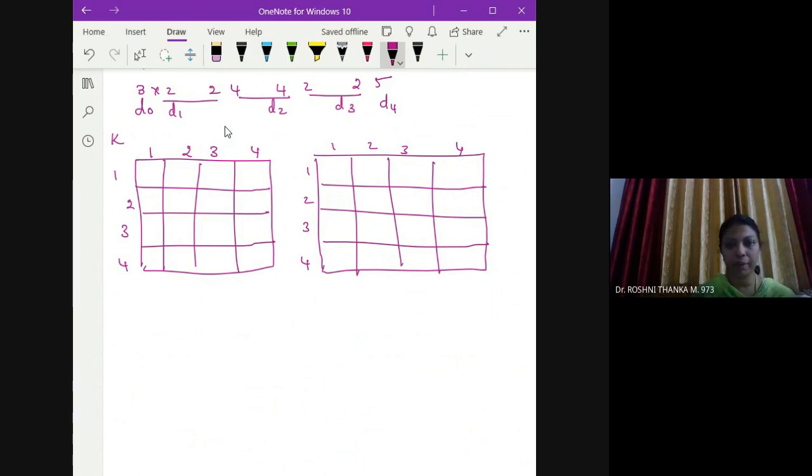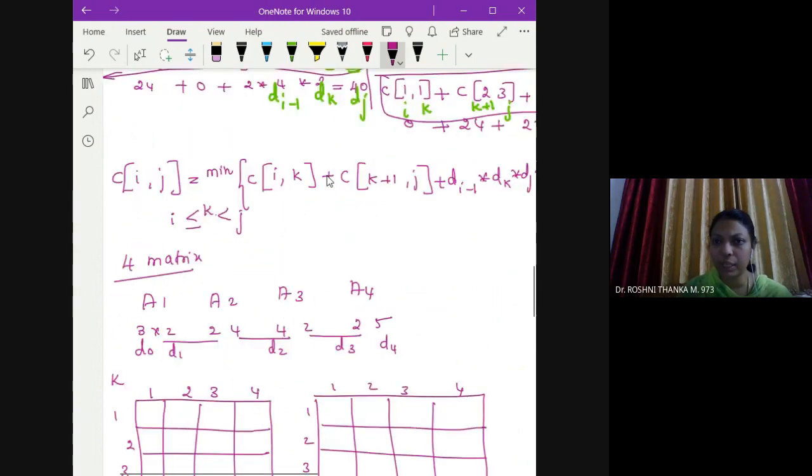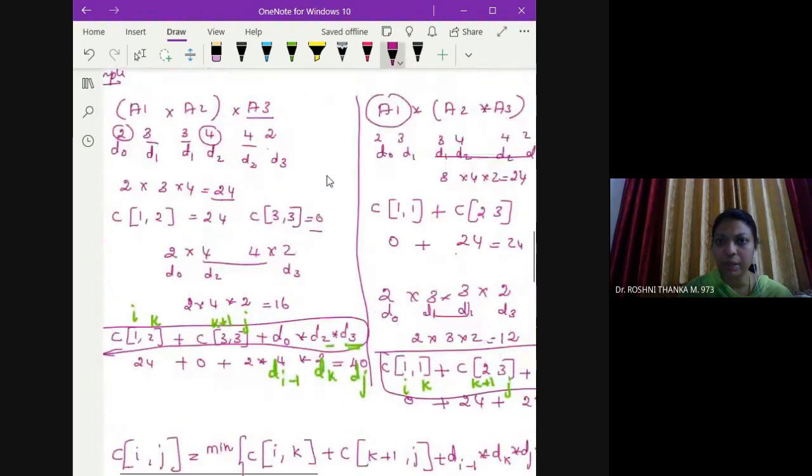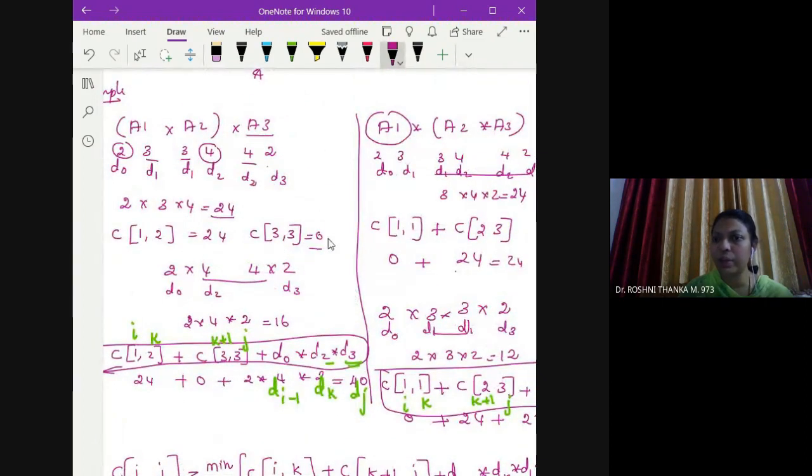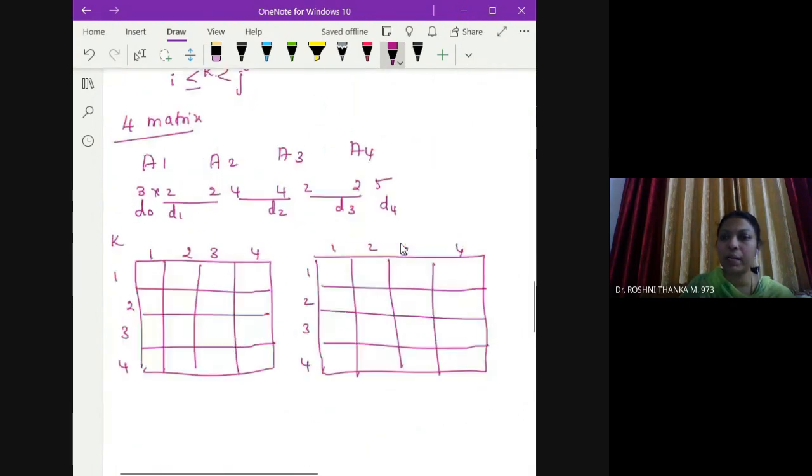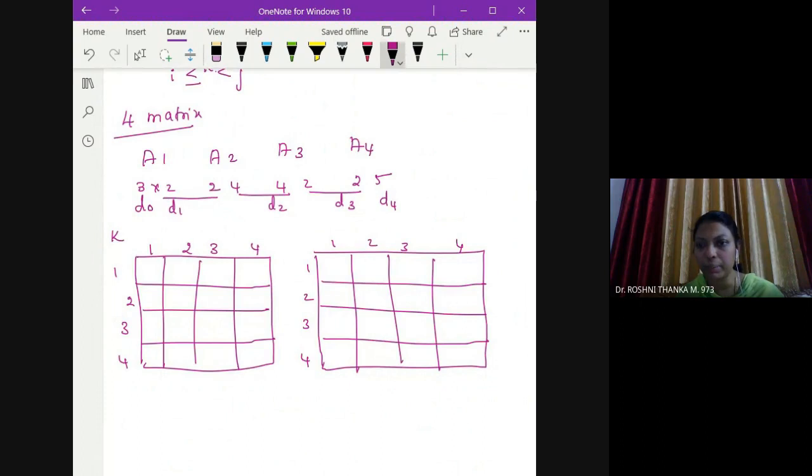For example, the difference between 1 and 2. We already know that when the i value and j value are the same, the cost is always 0, because there is no multiplication happening, right? So directly you can say the cost of multiplying 1 and 1 will be 0. The cost of multiplying this is 0. This is 0. All the diagonal values will be 0, right? Then we have to fill all these upper diagonal values.